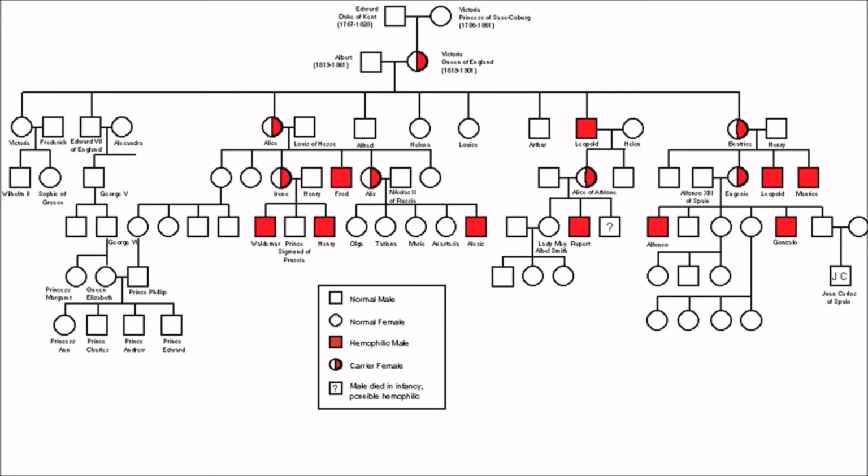You may have also noticed that most of the affected males don't have any children recorded on here. Only Leopold has children. That might tell us that the disorder might affect your chances of having children.